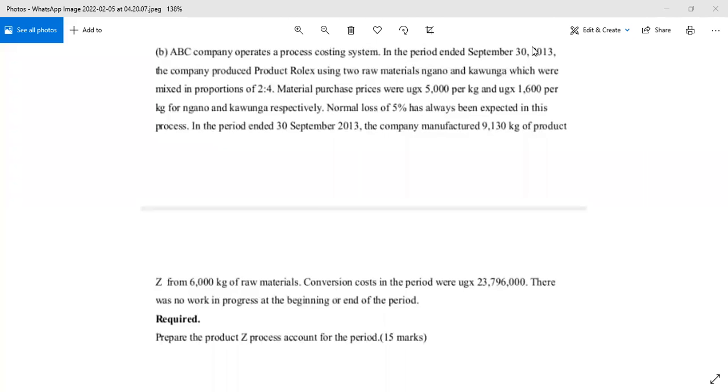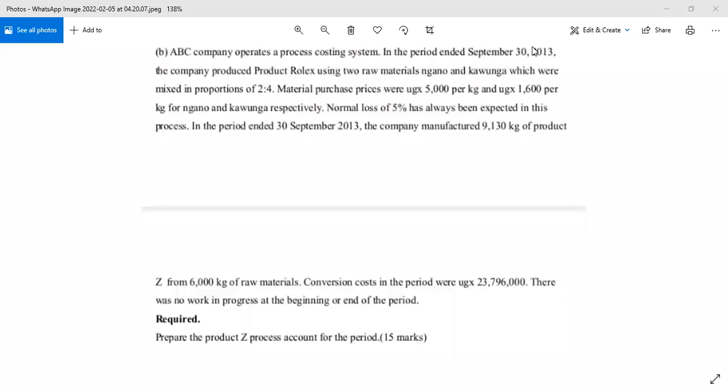In this process that ended 30th September 2013, the company manufactured, so we're looking at our output, 9,130 kgs of product Z, and they used 6,000 kilograms of raw materials. So the total materials, these guys used 6,000 kgs only.